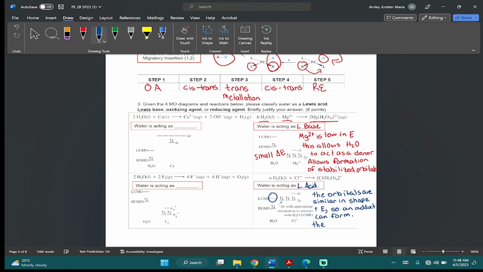So here what we see is the lone pair of our Cl- is our donor, while H2O is the acceptor.